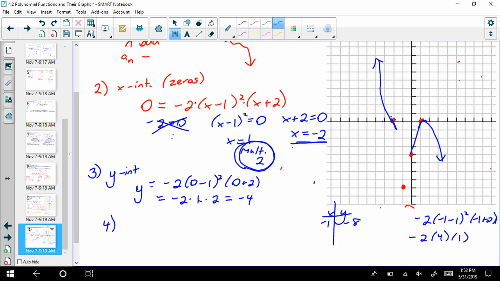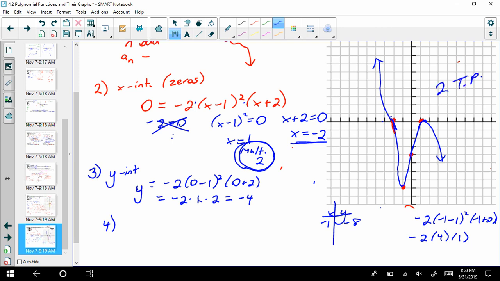So what that does, it gives me just a little bit better idea of the graph, that it's going to actually head all the way down. So you can always pick additional points if you want your graph to be more exact. How many times did this graph turn around?